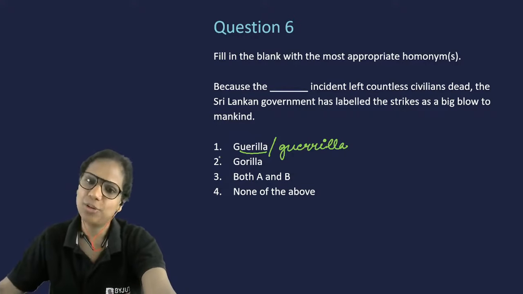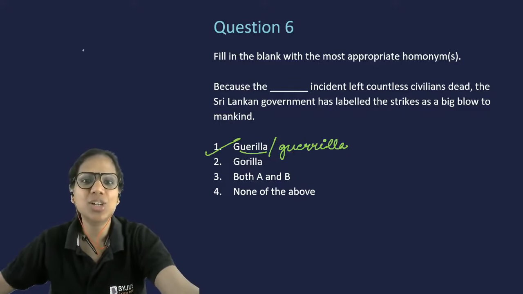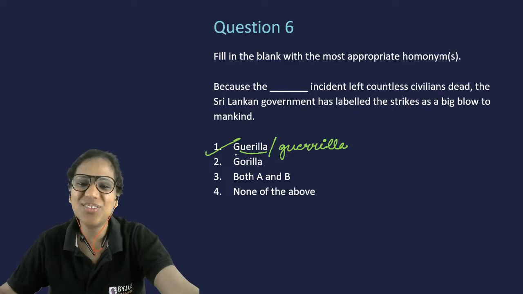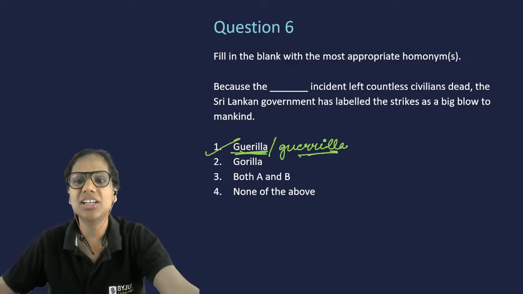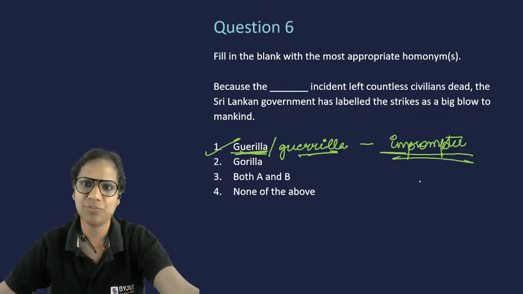All right, perfect. So when we talk about warfare, when we talk about some disturbance, we don't use this gorilla, we use this guerrilla. This is a war tactic. Guerrilla warfare is a war tactic where you do something in an impromptu way. It has a shock element, a surprise element to it, right?